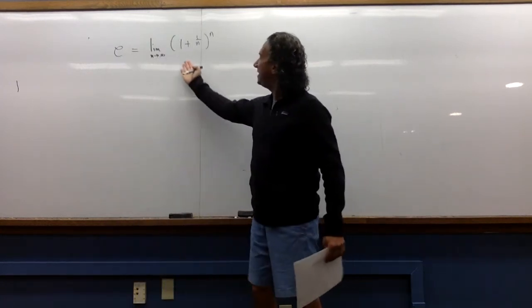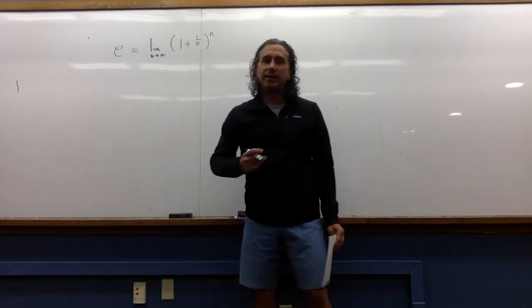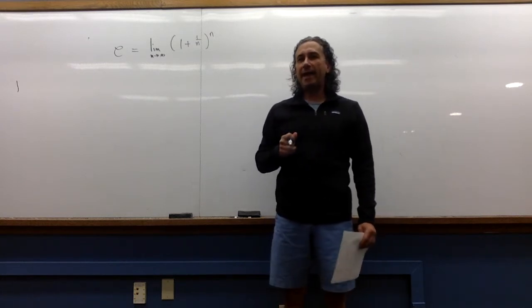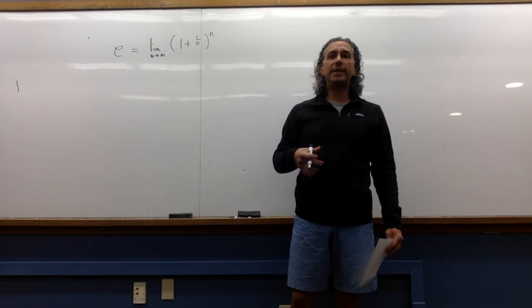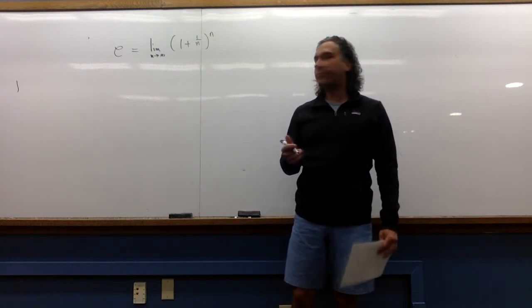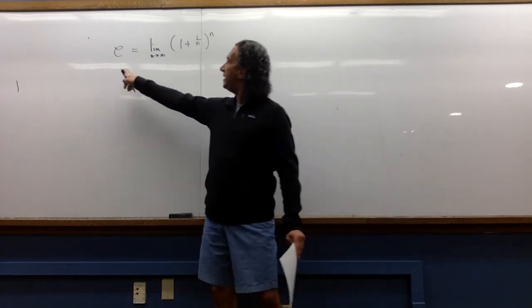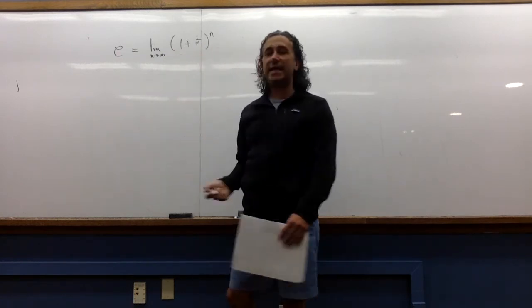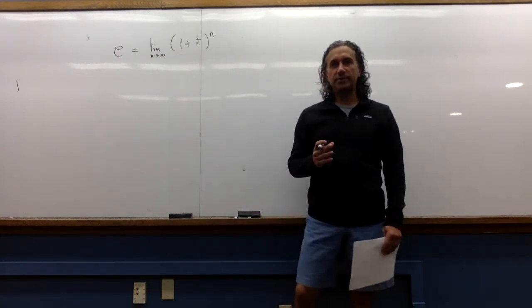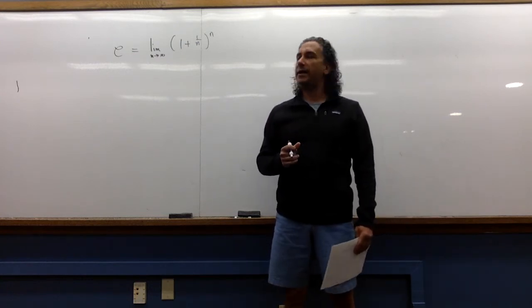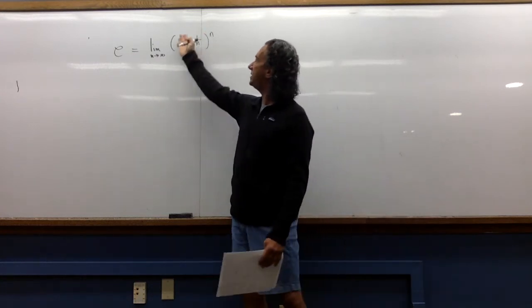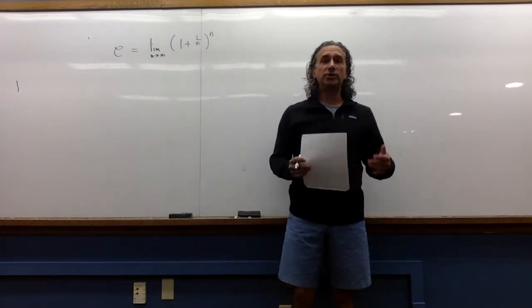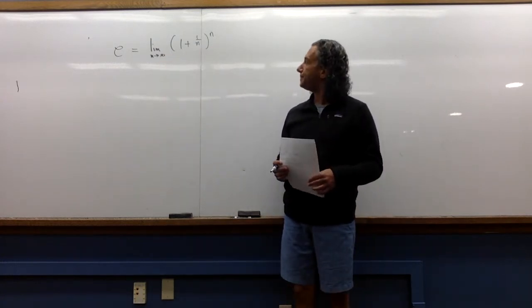I'm sure you haven't seen the definition like this before because you haven't been exposed to limits before this class. But my guess is that if you saw e in a pre-calc class, hopefully your instructor said, oh, e is what this quantity gets closer and closer to as n gets larger and larger. So instead of using the limit terminology, they probably said, as the n value gets larger and larger, which again, we now know as a limit.